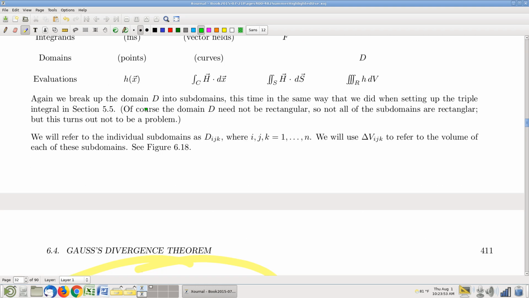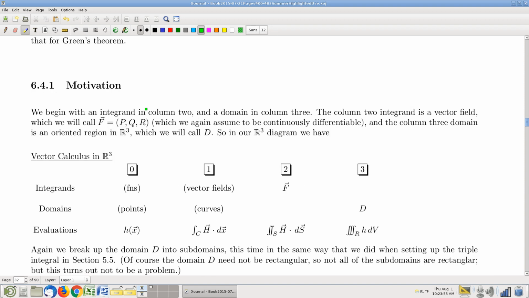So here we are in R3. We're going to take a solid, a 3-dimensional solid. We're going to look at its boundary. We're going to compute a flux. The diagram tells me so. I'm trusting the diagram. Let's compute the flux over that boundary surface.